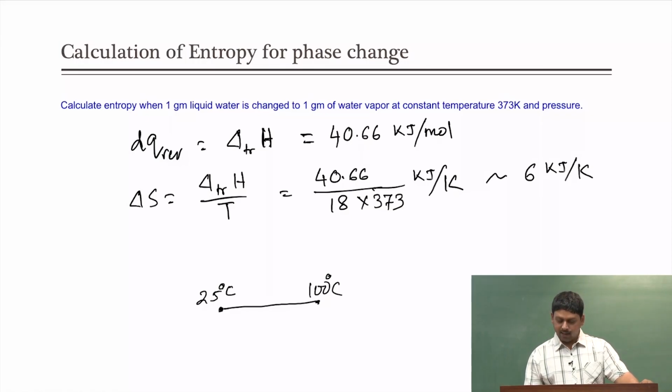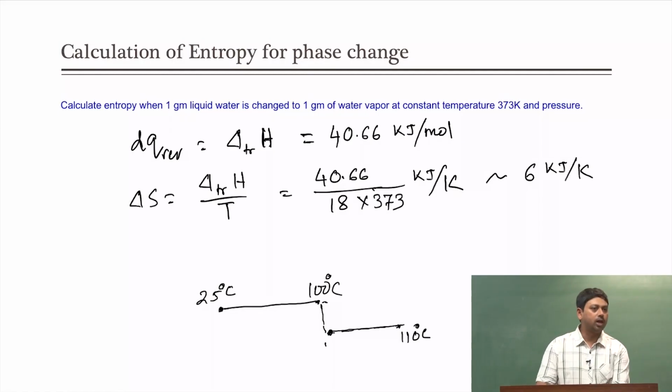At 100 degree centigrade, we will have to add the transition enthalpy, that is the latent heat of vaporization, and then again there will be a Cp dT. We need the specific heat of the vapor, and that will take us from 100 degree centigrade to 110 degree centigrade. So, in 3 steps we can calculate the overall entropy change going from 25 degree centigrade water to 110 degree centigrade water vapor. Okay. Is it okay, this part?